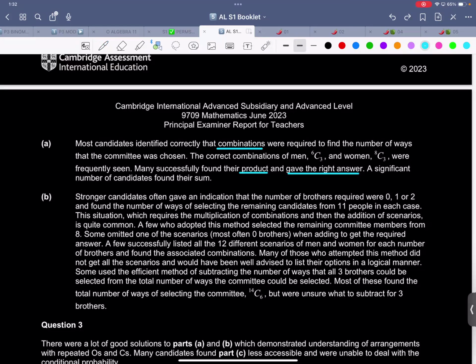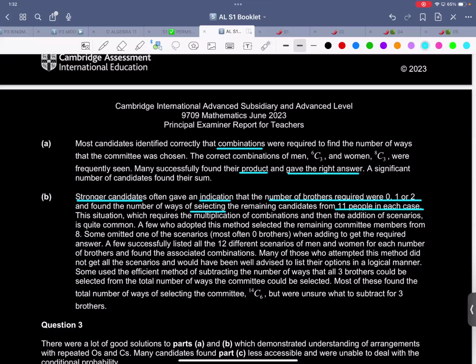Then it says stronger candidates often gave an indication that the number of brothers required was 0, 1, and 2. I am one of the stronger candidates because I told clearly that the maximum is 2, so it could be 2, it could be 1, it could be 0. And they found the number of ways of selecting the remaining candidates from 11 people in each case. So that was maybe 3 men and 8 women, something like that.